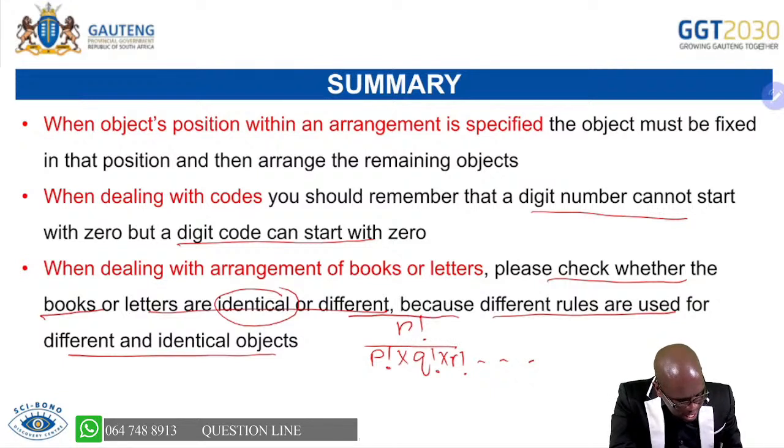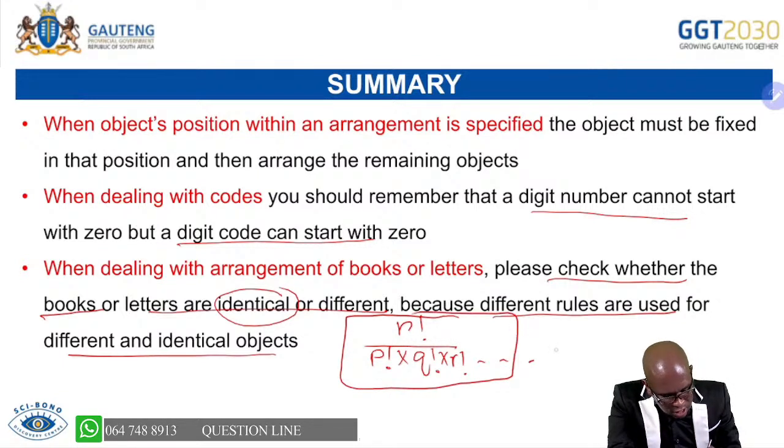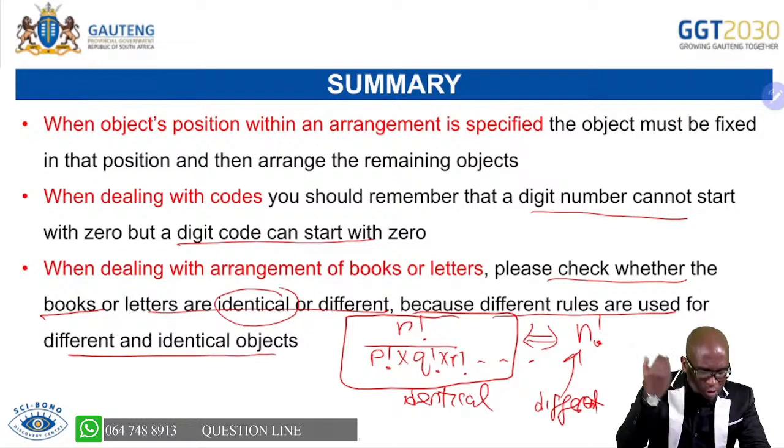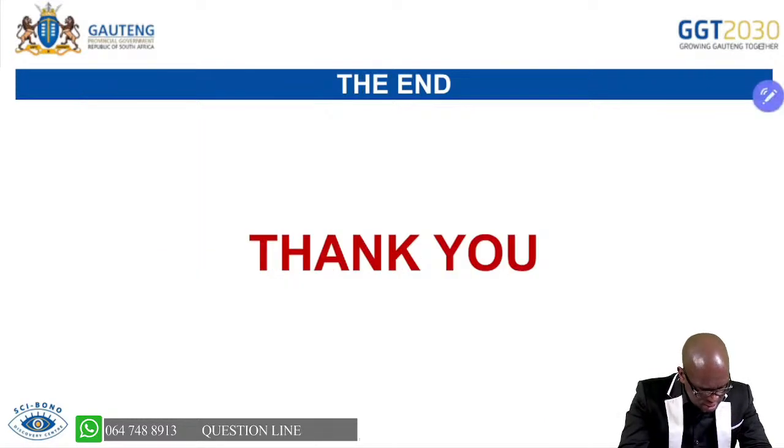If they were identical, we use this. But if they were different, we're just going to use n factorial. So we should be very, very careful of that.